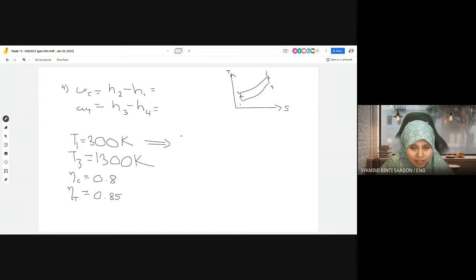So we can use the ideal gas air table to search for H1. From T1, we can get H1.